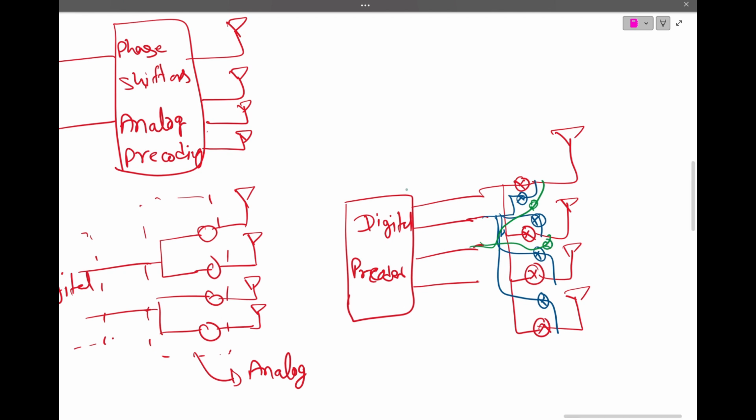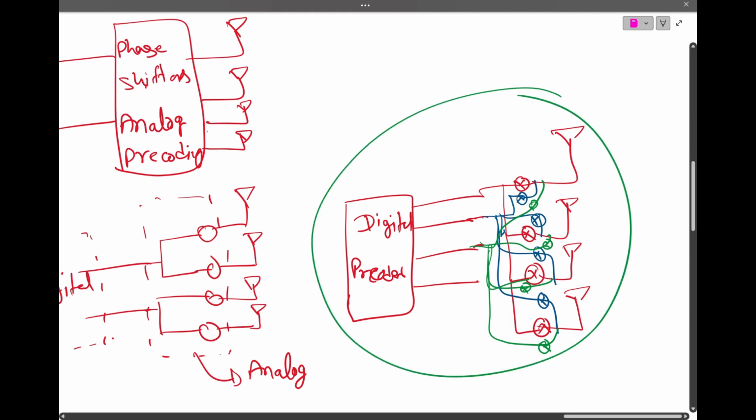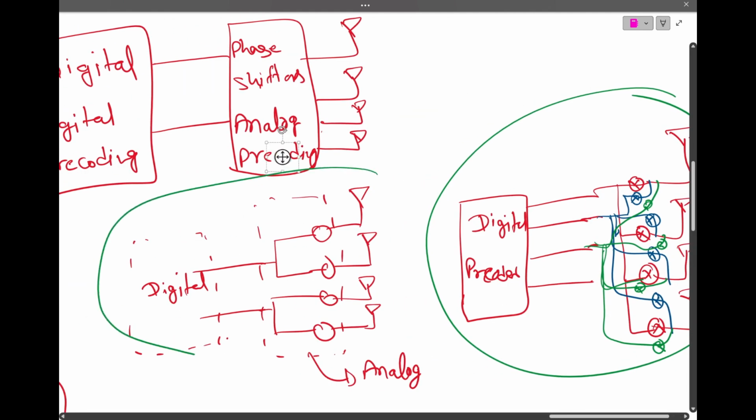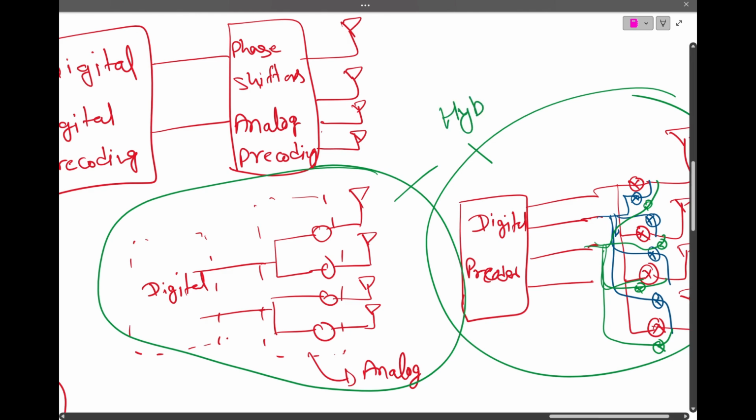This becomes very messy and complicated. Similarly the fourth chain. This is the solution where we have both digital and analog precoders, or we have control from both digital and analog. This is called hybrid beamforming.